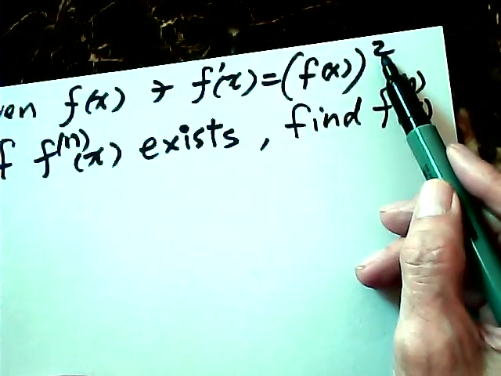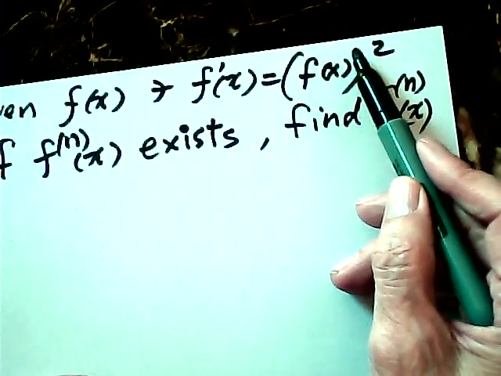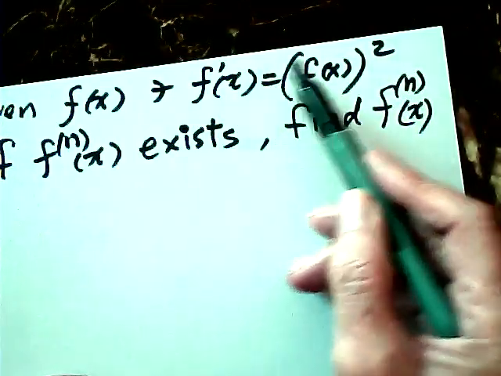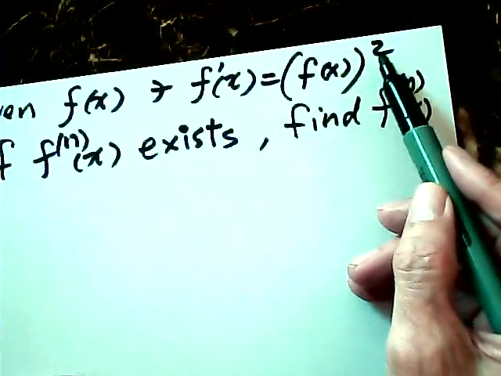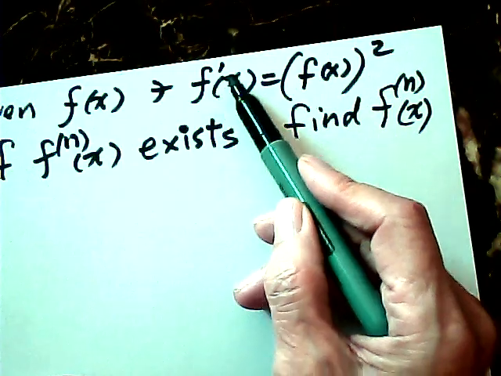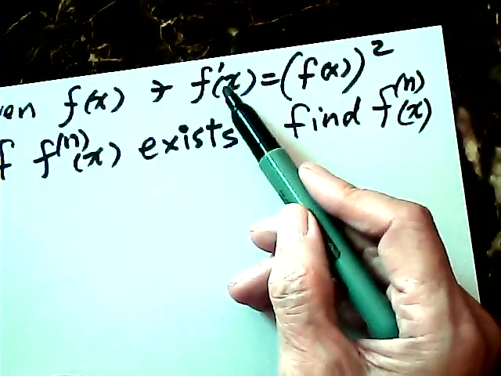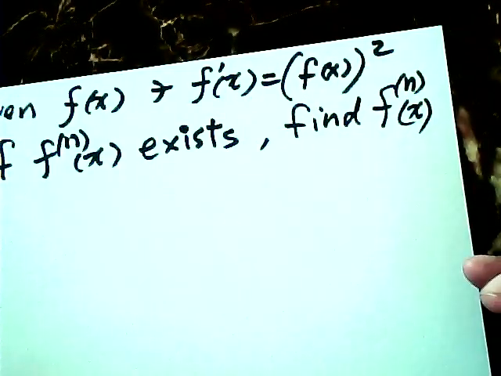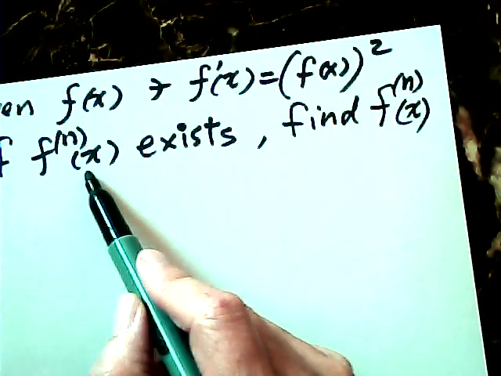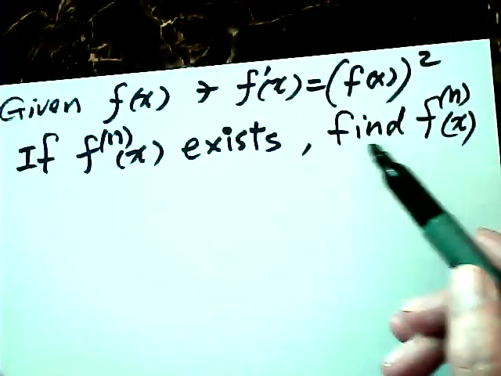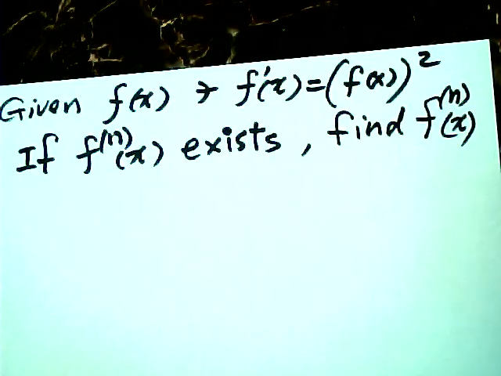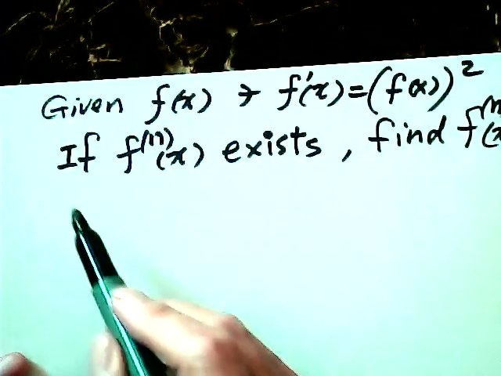Now I can write f(x)² here, but just to avoid confusion with the derivative, let me write it this way: f of x squared is equal to the first derivative of f of x. Now, if the nth derivative of f of x exists, find the nth derivative of f of x. That's the question.